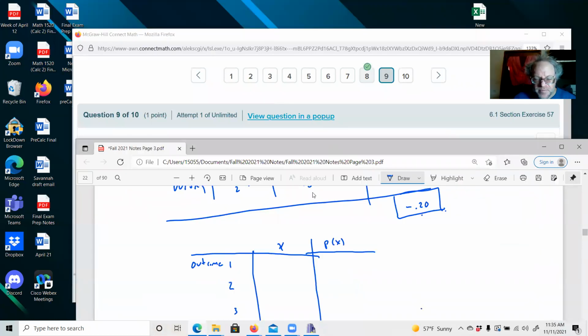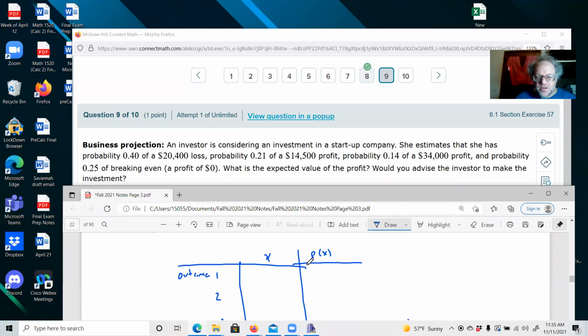Screens are so tiny. So you have a 40% chance of a $20,400 loss. So the value here is -20,400, probability of this happening 0.40.